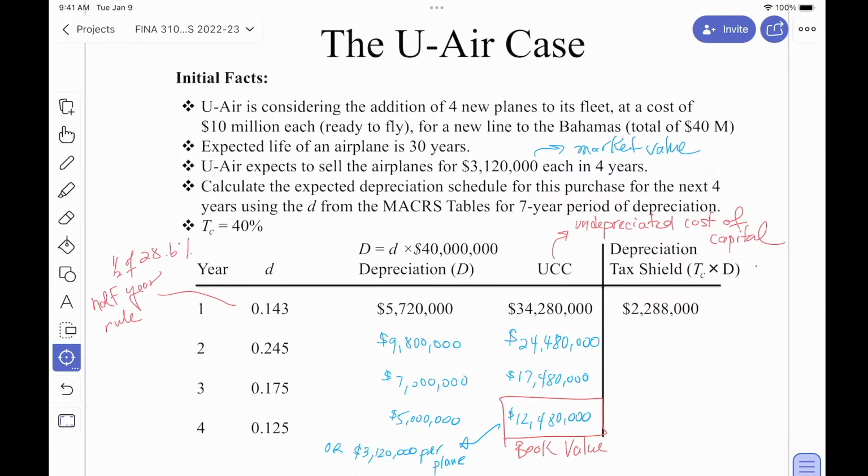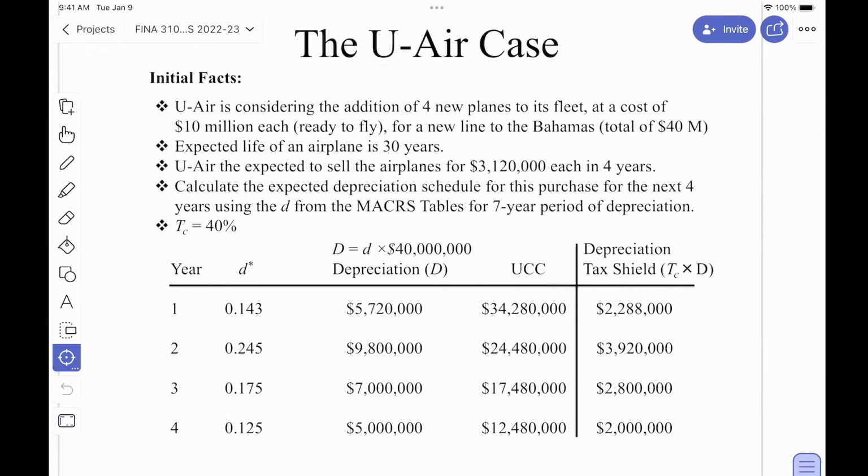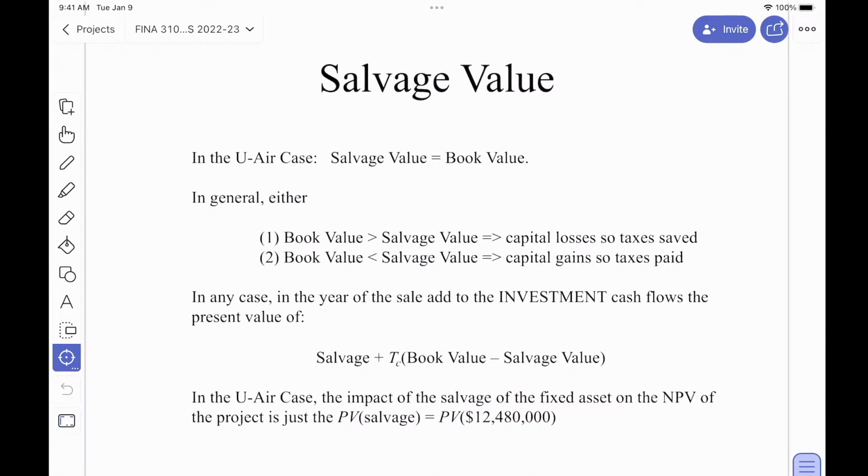What you have to account for is that in this case, there's no difference, but if you sold the asset for less than the book value, then you could say you have a loss, a capital loss. And so you would save taxes, because of the tax system, you would reduce your taxable income and realize a tax savings.